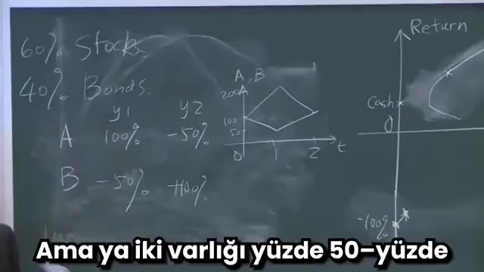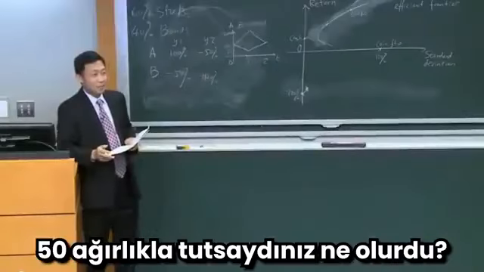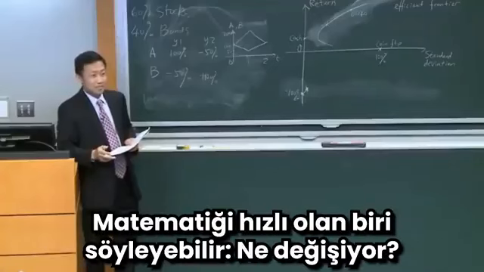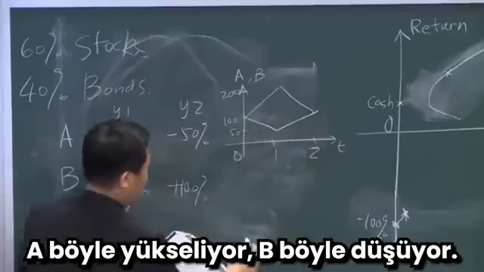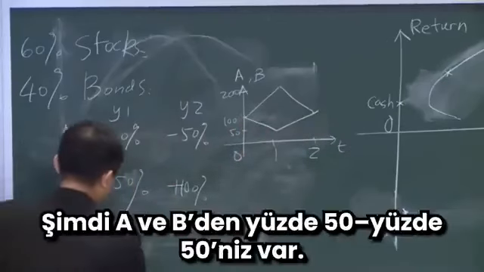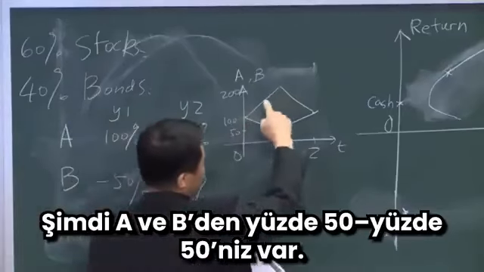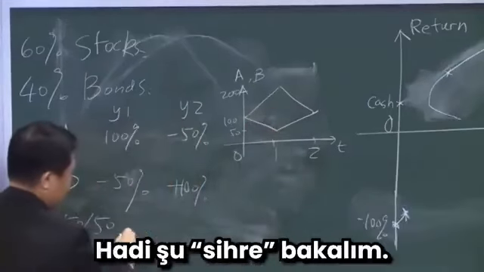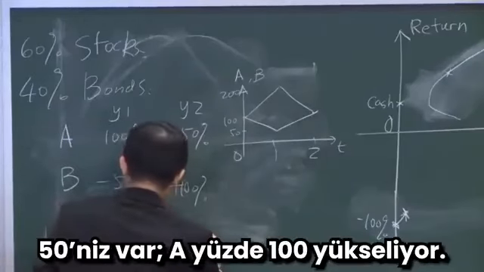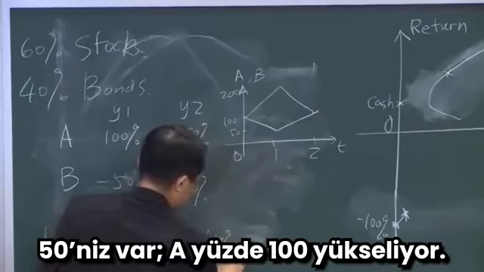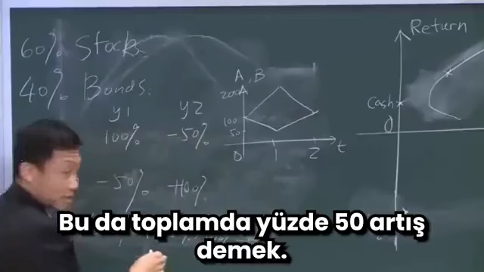But what if you had a 50-50 weight of the two assets? Someone quick on math can tell me what it changes. A goes up like that, B goes down like that. Now you have a 50-50 portfolio of A and B. So let's look at the magic. In year one, A, you have only 50%, so it goes up 100%, which is up 50% on the total basis.